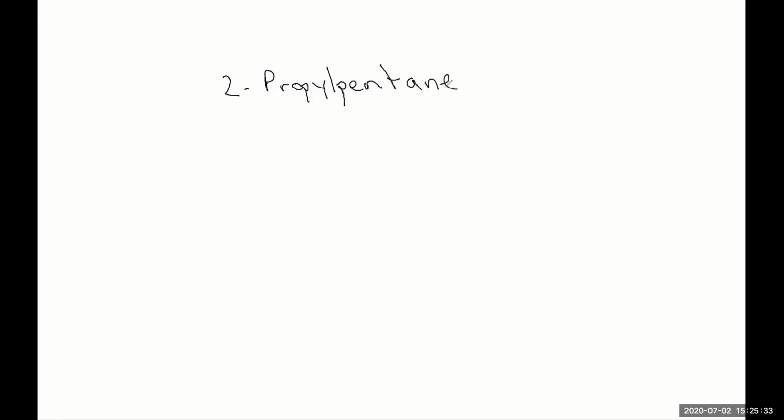Okay, so 2-propylpentane. Let's draw the parent pentane, and then the 2 carbon is here, and what we would have is a propyl group. The propyl substituent has this structure.